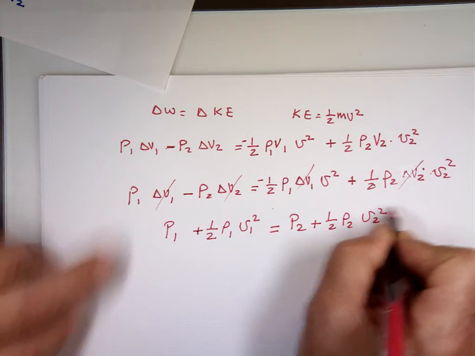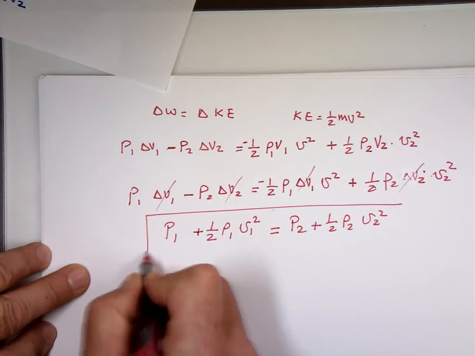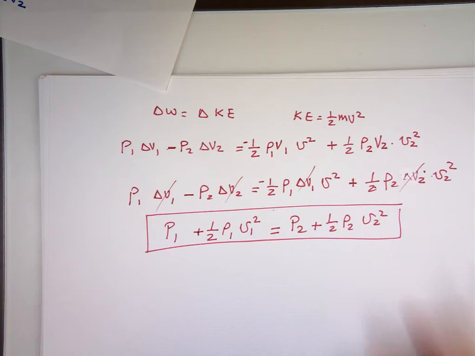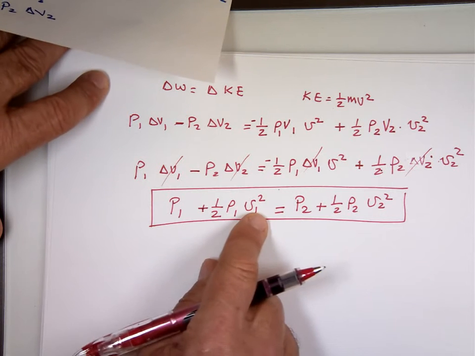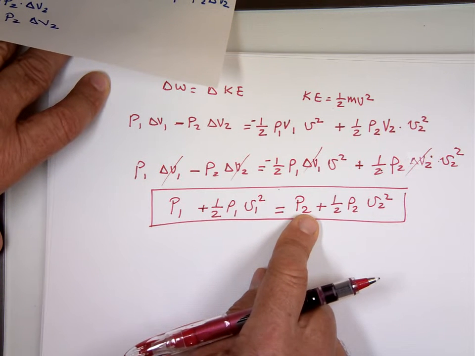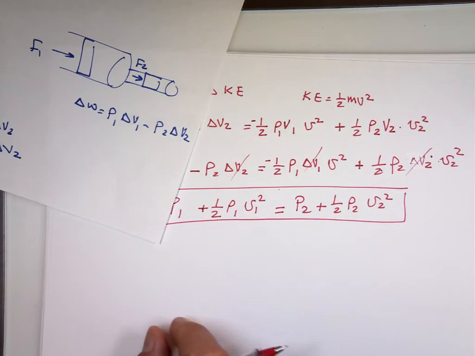And that's Bernoulli's equation I was trying to derive there. That's the equation I need. No change in height. The pressure on this end plus 1/2 rho 1 V1 squared equals the pressure on that end plus 1/2 rho 2 V2 squared.